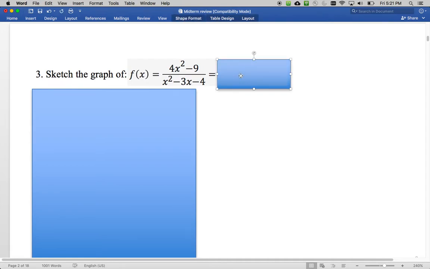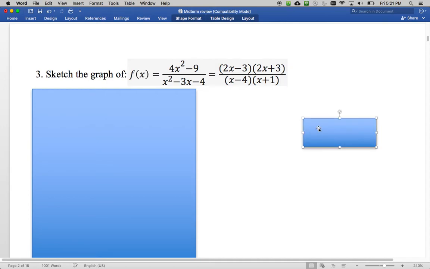And let's pretend for a little bit that you're not going to use your calculator to do all that, and you're going to actually factor everything like I'm sure you guys are all going to not do, but I'll show you really quickly. You can factor those. Just remember that the denominator tells you where your vertical asymptotes are, your numerator tells you where your x-intercepts are, and then because my degree for the numerator is equal to the degree of the denominator, my horizontal asymptote is going to be at y equals 4.